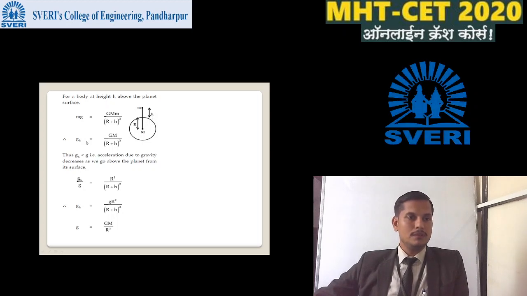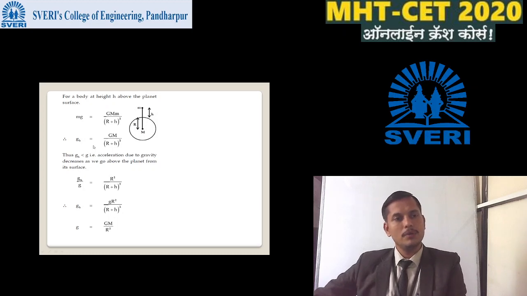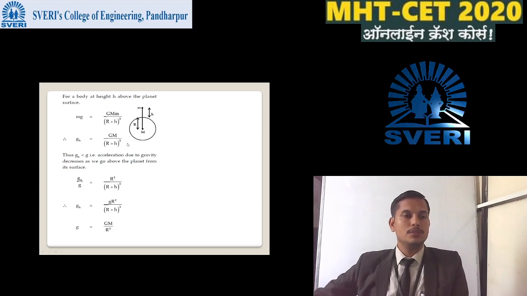After solving, m gets cancelled and gh, that is acceleration due to gravity at a particular height, is nothing but GM divided by (R plus h) squared, so the height matters.